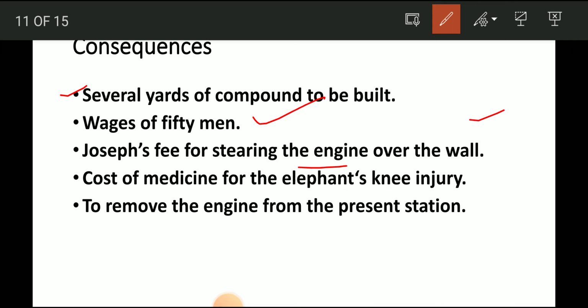Then the elephant's knee was injured in all this, so he had to pay for the medicine. And very, very important, he had to remove the engine from the present station, wherever it is parked. Why? Because a cattle fair is coming there, you must be remembering. So all these things he has to take care of.